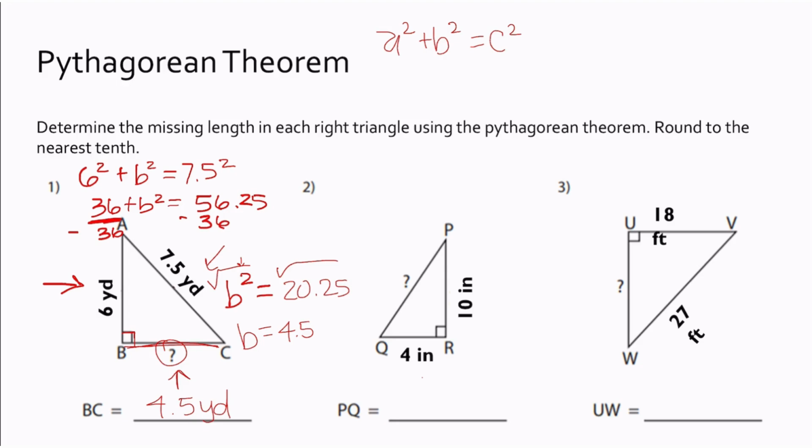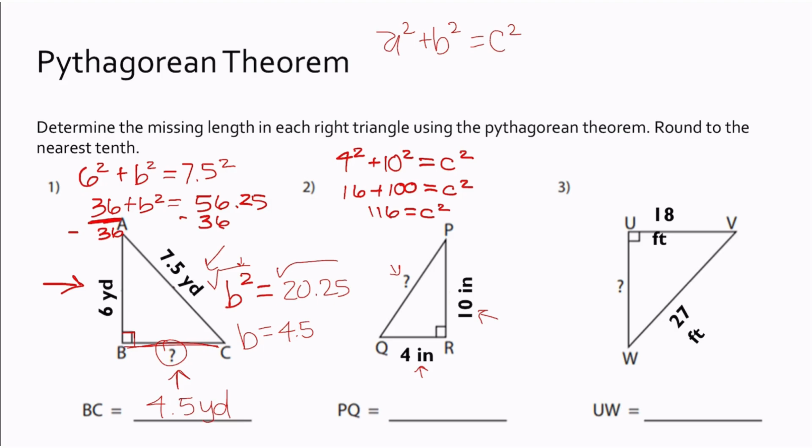All right, so on this one, we know the 2 legs, we just don't know the hypotenuse. So we can say 4 squared plus 10 squared equals c squared. 4 squared is 16, and 10 squared is 100. So 116 equals c squared.